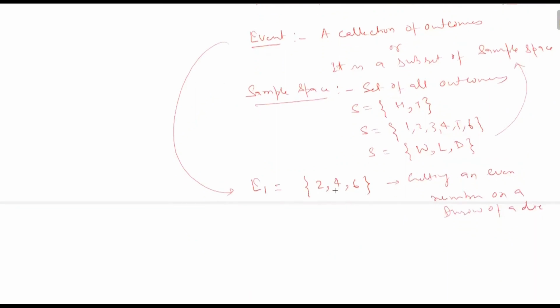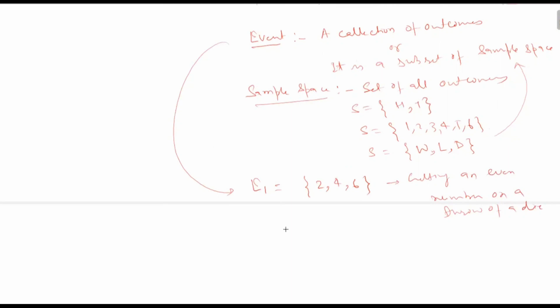If I get a 2 or a 4 or a 6, I would say that this event has happened. There are three outcomes possible out of this.